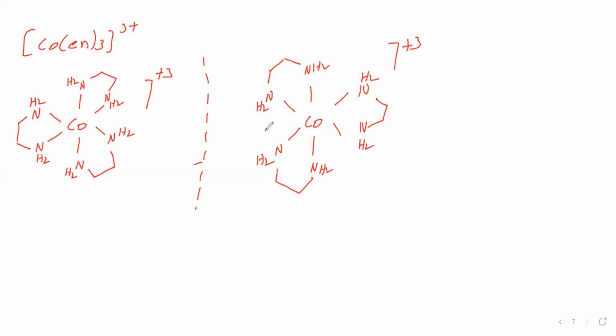We are rotating this one with respect to this axis. This one and this one we are making superimpose, while this one and this one will not superimpose. Why not?